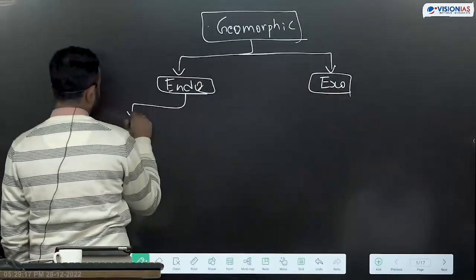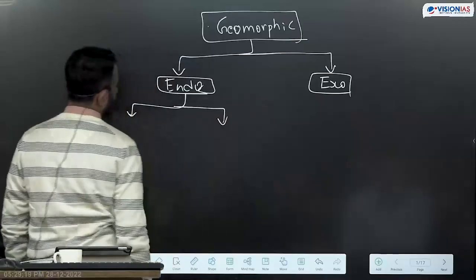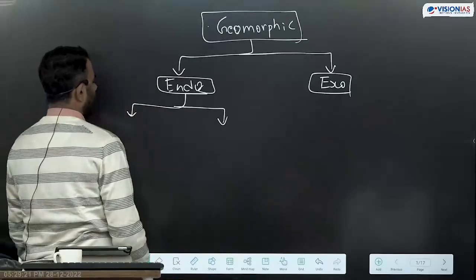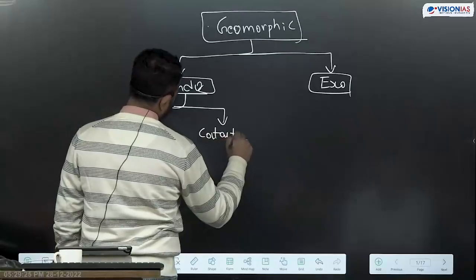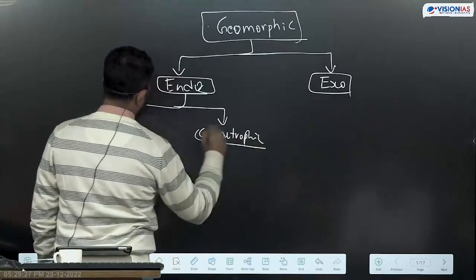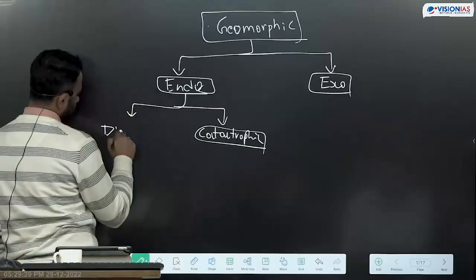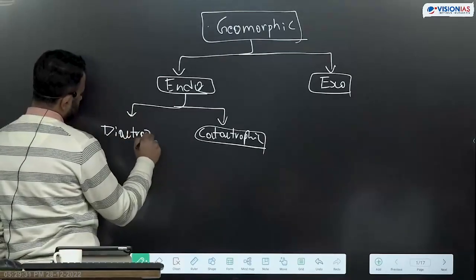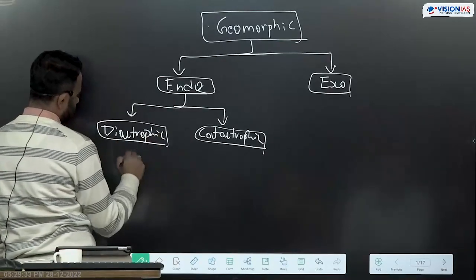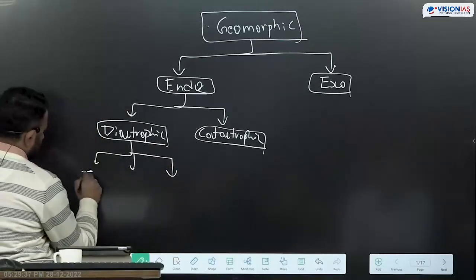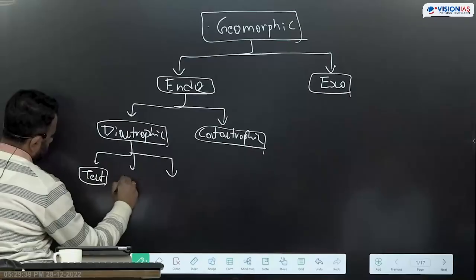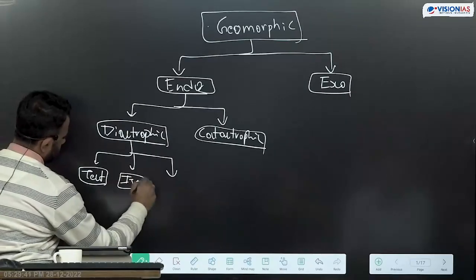Let's see how many people remember, without seeing your notes. Endogenetics are divided into catastrophic and diastrophic. Diastrophic are divided into which ones? Tectonic, isostatic, eustatic.